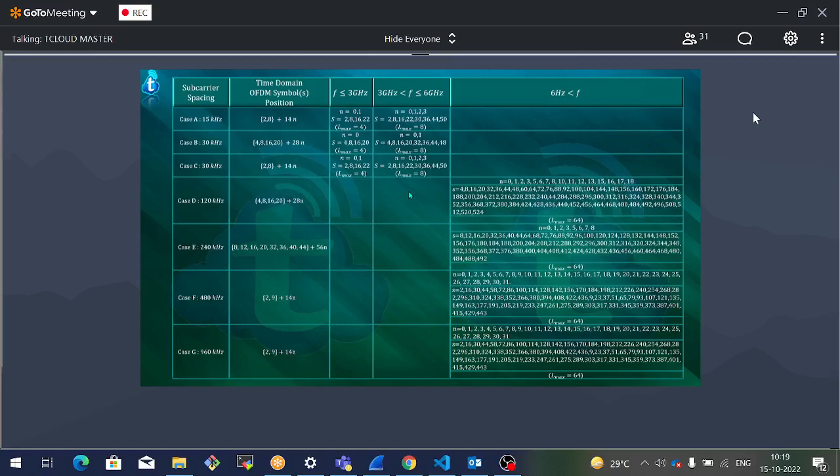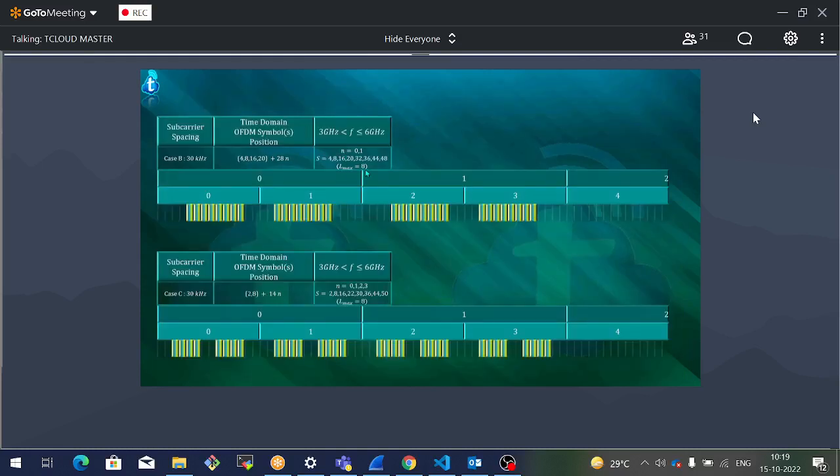Okay. So if I take the 3 gigahertz to 6 gigahertz RIL specific example, you have 30 kilohertz subcarrier spacing. If this is the case B scenario, these are the time domain symbol positions. If you take a frame, I could not draw the entire frame. I have only taken subframes 0, 1, 2.